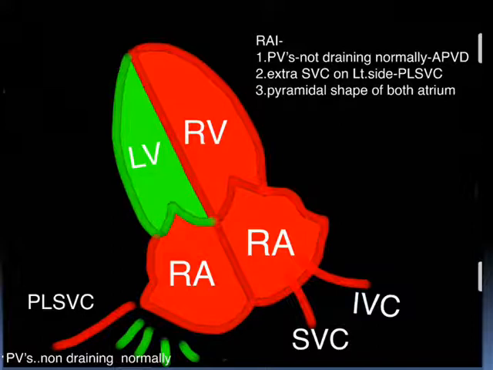Therefore, both atria are pyramid in shape. Bilateral superior vena cava, total anomalous pulmonary venous drainage, and the same pyramid shape in both atria occur in right atrial isomerism.